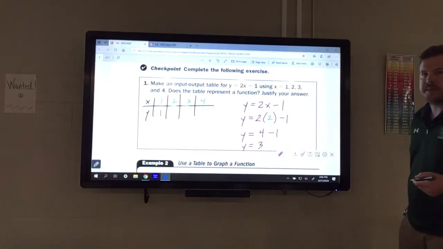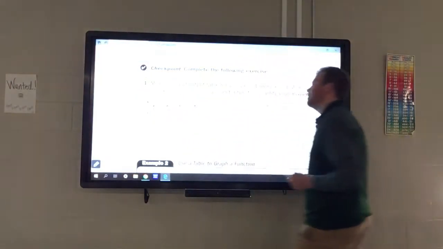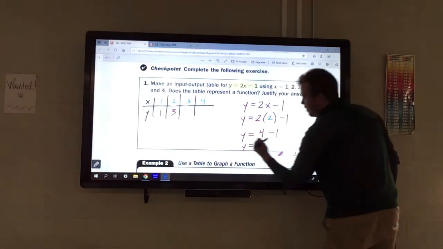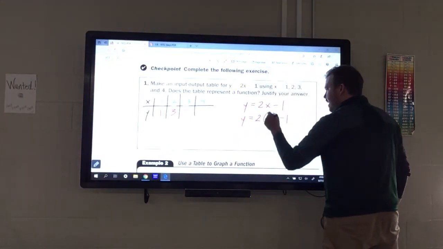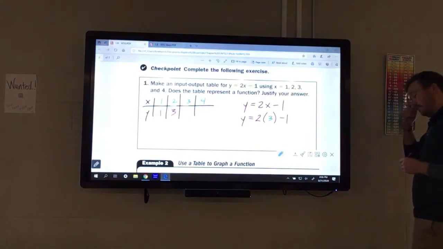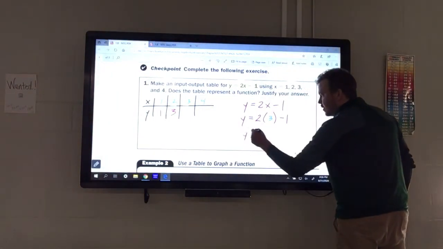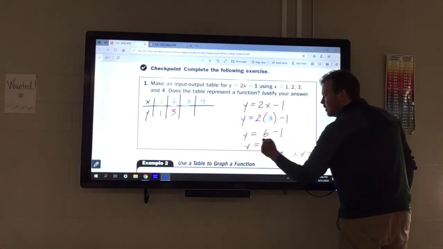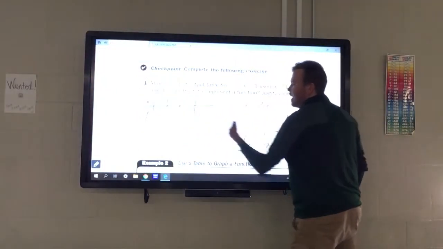So what this tells me is when x is equal to 2, y is equal to 3. Let's evaluate at our next x value. This time we're going to evaluate at x equals 3. So y is equal to 2 times 3, which is 6 minus 1. So y is equal to 5. So when x is 3, y is 5.